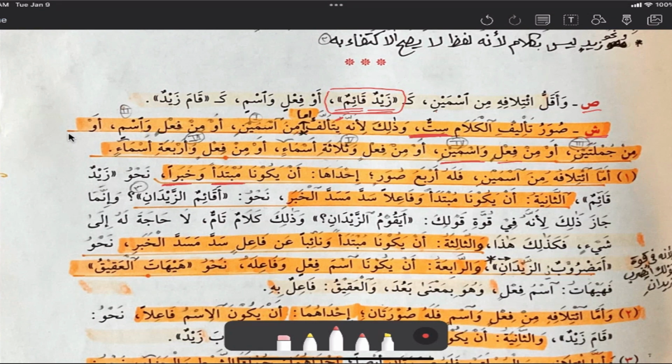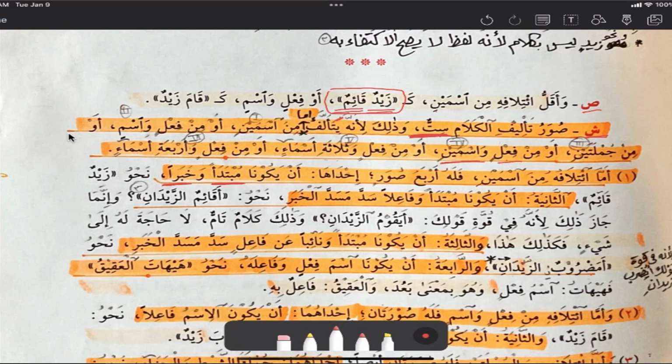For example, Zaydun qa'im. Zaydun qa'im. Zayd is a stander, but 'is a' is in parentheses. Zayd is a stander. Zaydun qa'im.